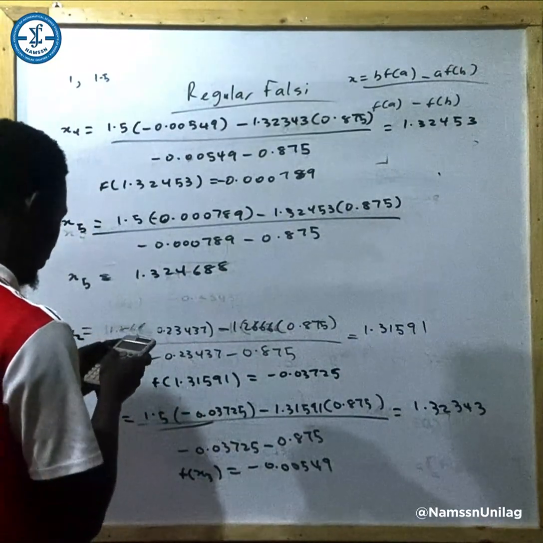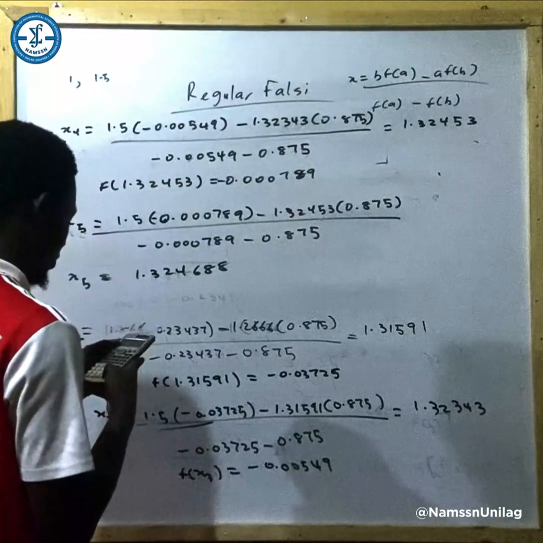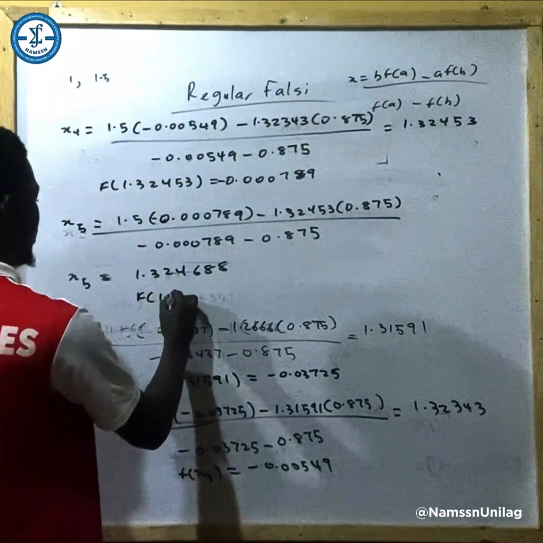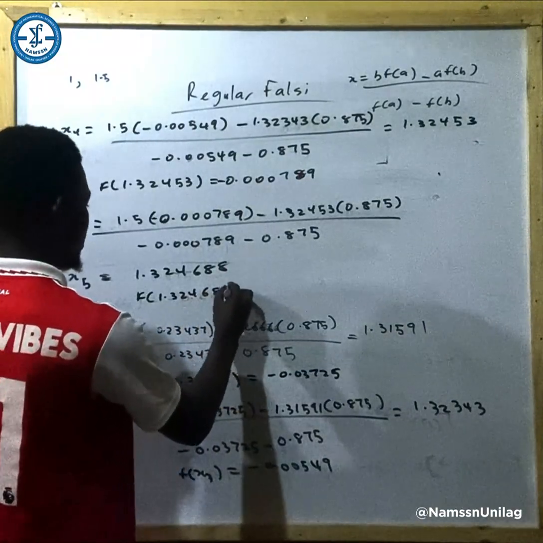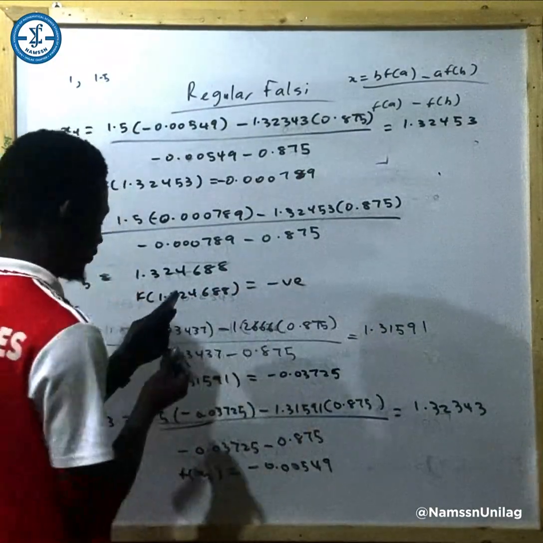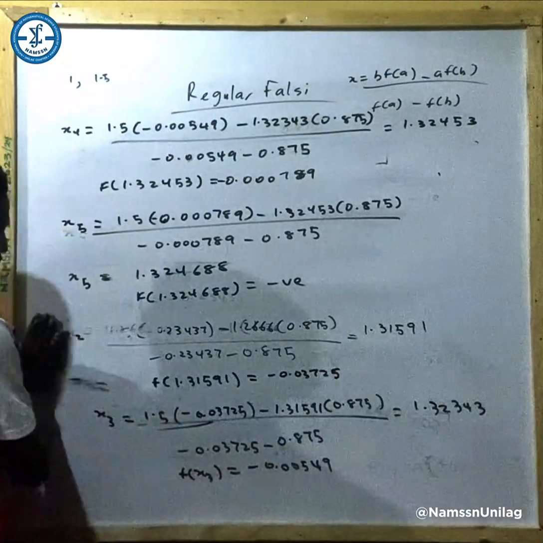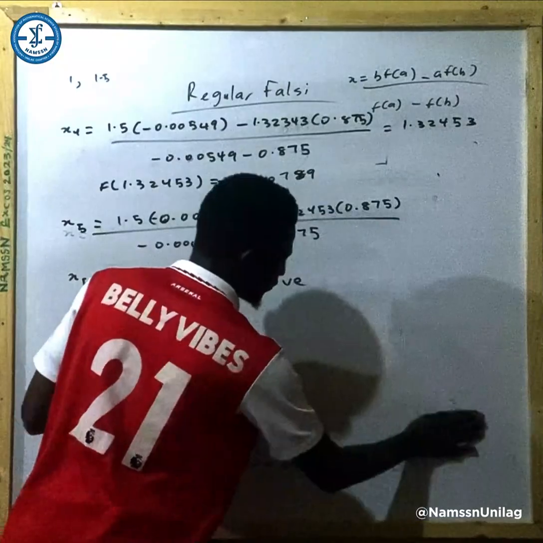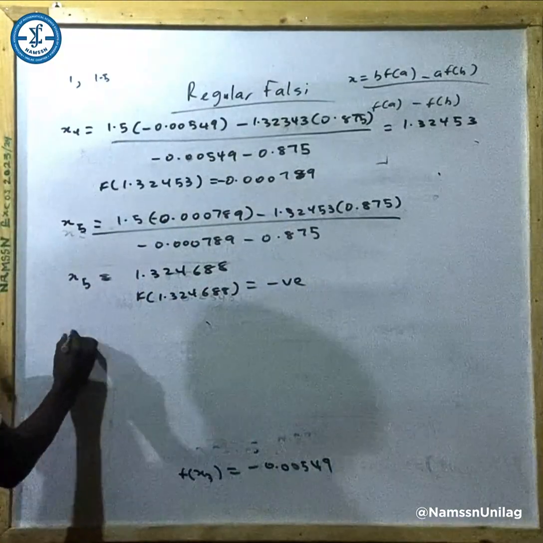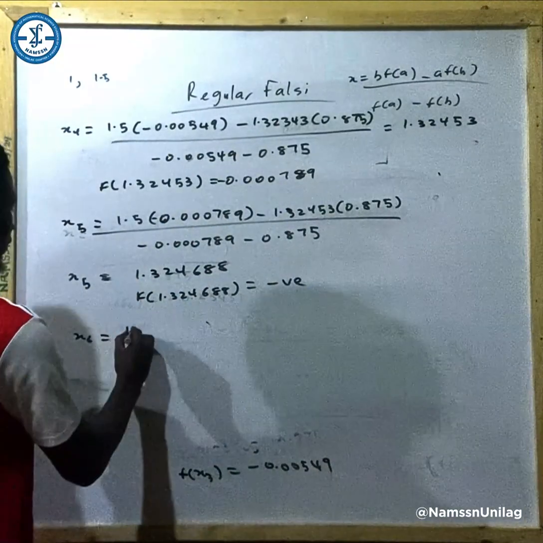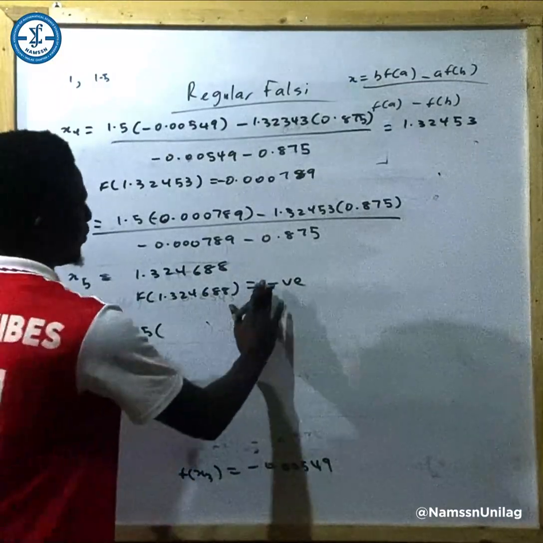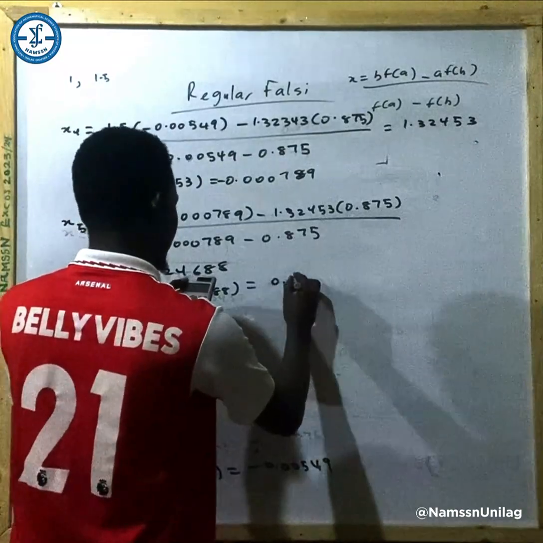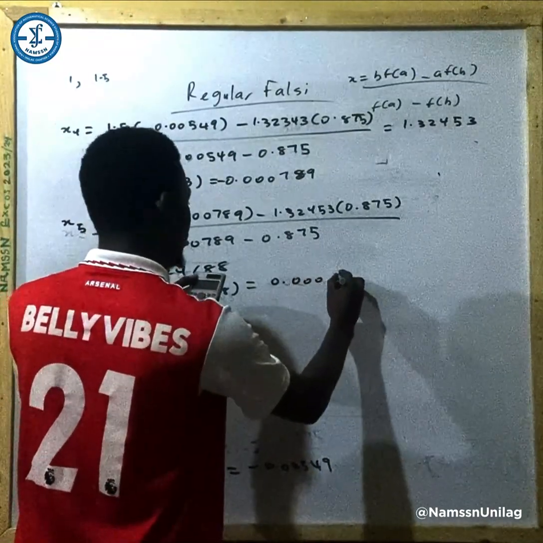Answer cubed minus answer minus 1. It's giving us negative. So f of 1.324688 is also negative. So for x6, you'd have 1.5 into brackets. Oh, I can't write negative. We need the values. So you have 0.000127.